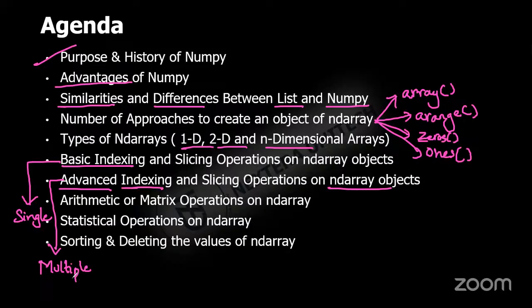The elements can be the same or different. And next to advanced indexing, we also understood slicing operations on one-dimensional, two-dimensional and n-dimensional arrays.